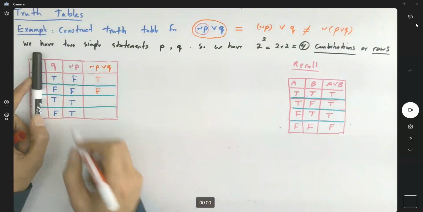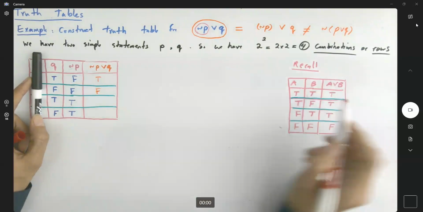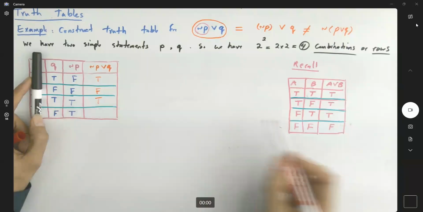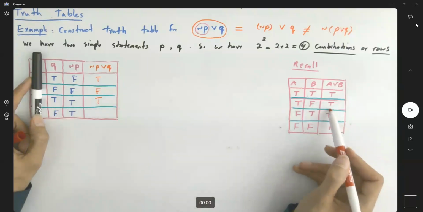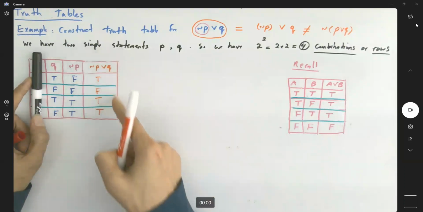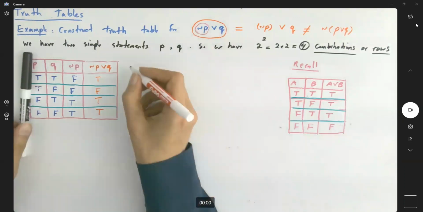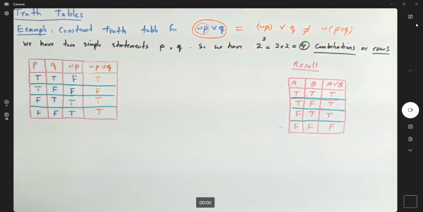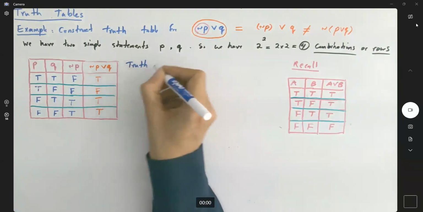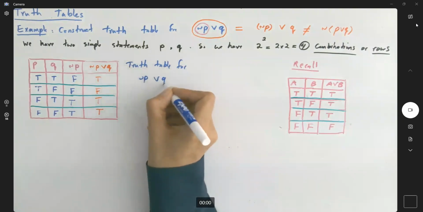Very good. True or true using or is always true. True or false results in true. This is the truth table for not P or Q.